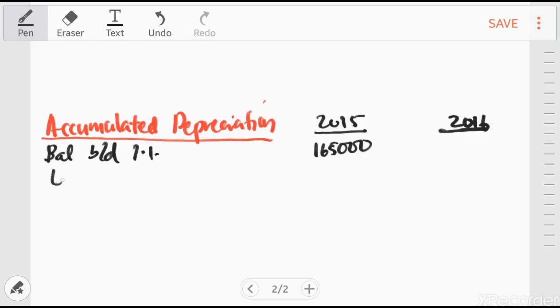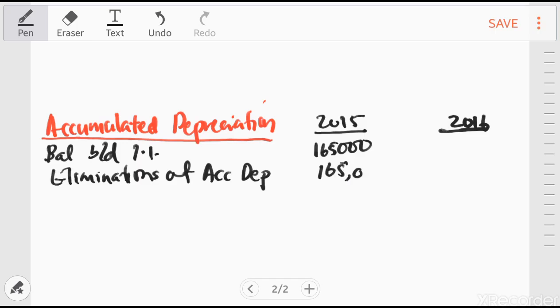So the elimination of accumulated depreciation is also shown here, and that was 165,000.